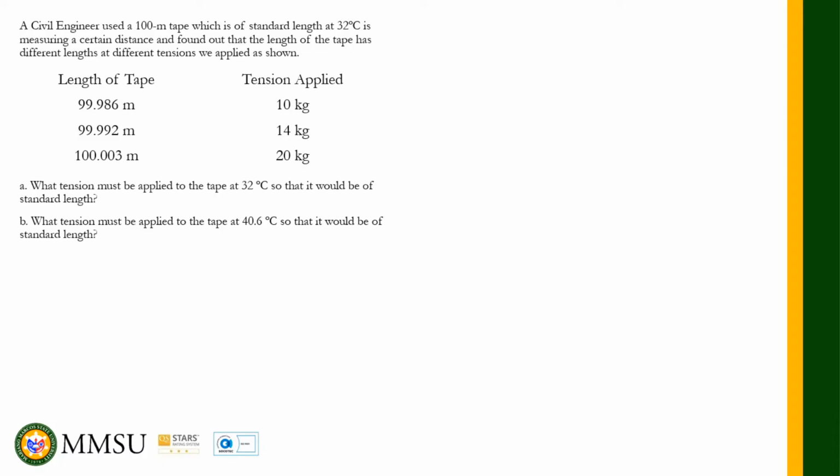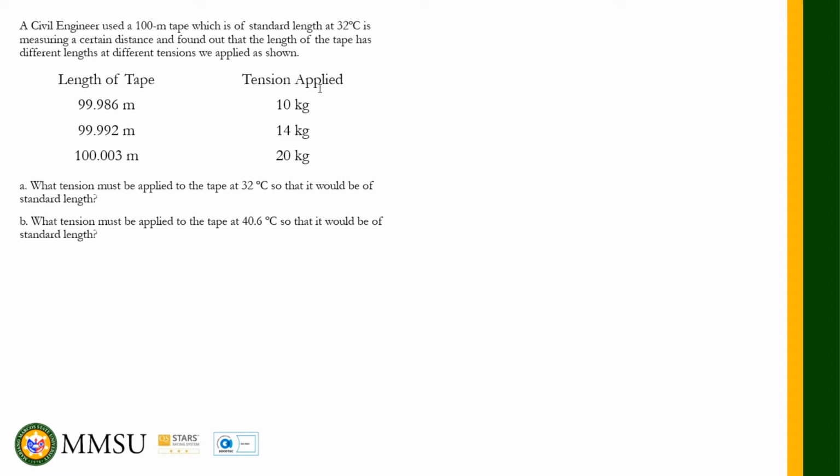Let's take a look at this one. A civil engineer used a 100-meter tape which is of standard length at 32 degrees Celsius, measuring a certain distance, and found out that the length of the tape has different lengths at different tensions applied, as shown. The lengths of the tape for the tension applied on the table were all measured at 32 degrees Celsius.